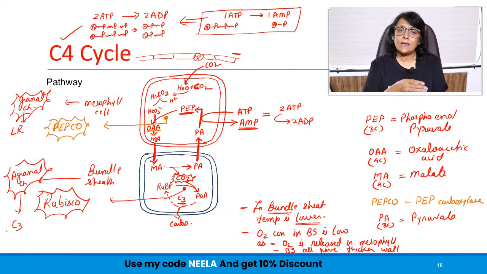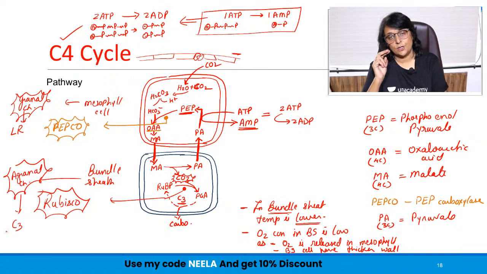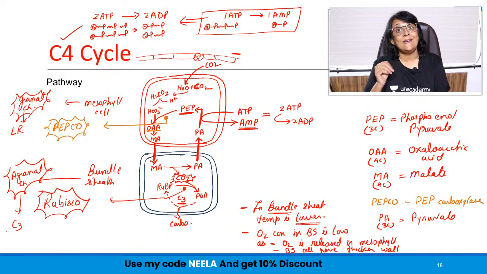So light reaction takes place, ATP and reducing power are synthesized, and that is used up in dark reaction. But the enzyme which is important, that is Rubisco, normally acts as carboxylase, but under certain conditions its behavior changes. There are two conditions. One, temperature is high, or if oxygen concentration is more. Then in that case, Rubisco will start acting as oxygenase.